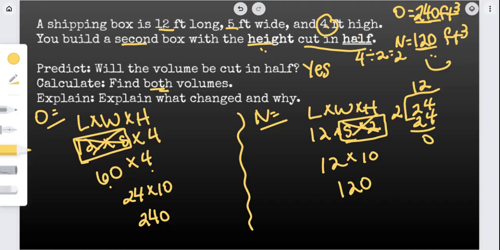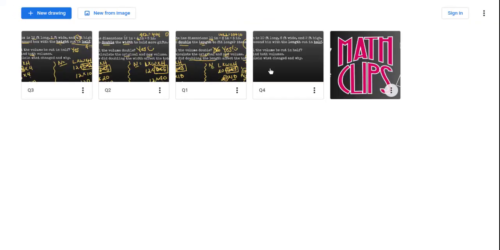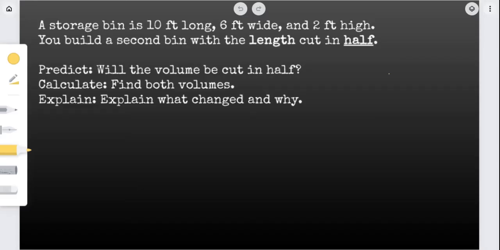Okay, if you need to rewatch this part of the video, feel free to. Otherwise, get your pencils ready and let's start on that question you have there on the back side of your paper. And that question is, a storage bin is 10 feet long by 6 feet wide and 2 feet high. You build a second bin with a length cut in half.